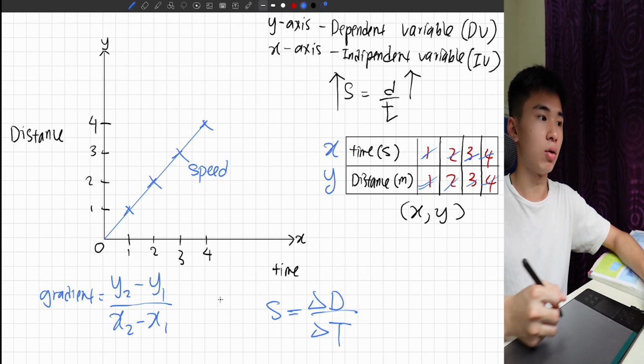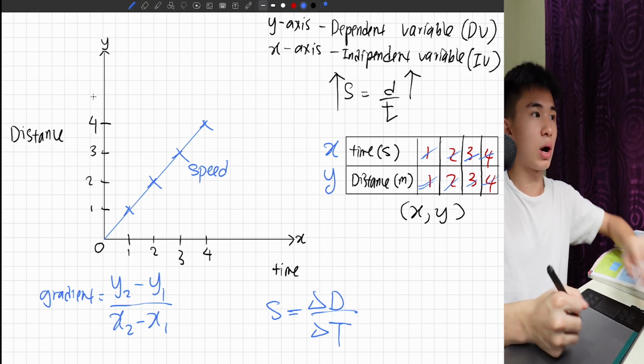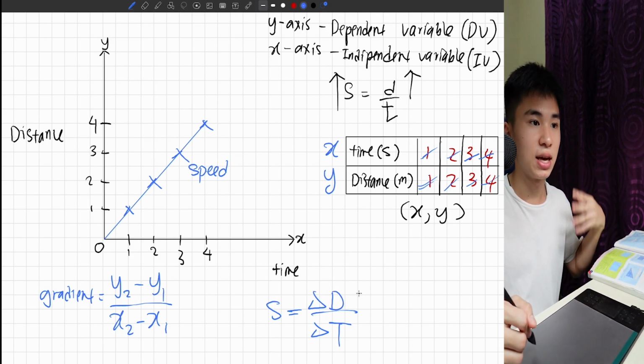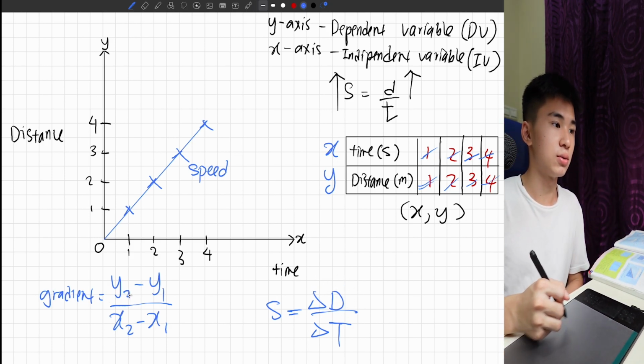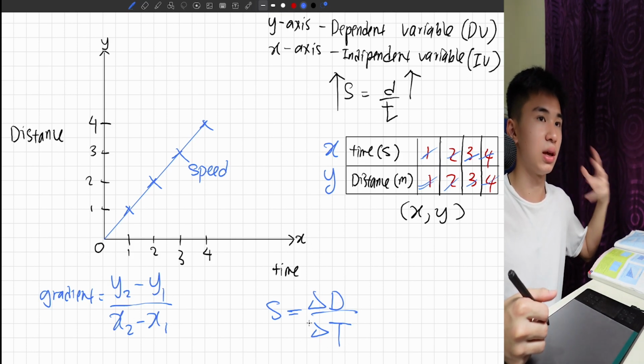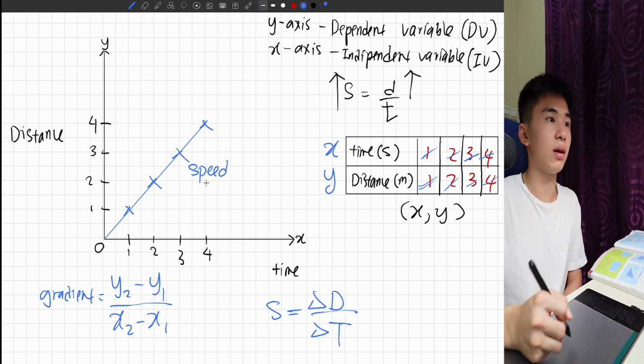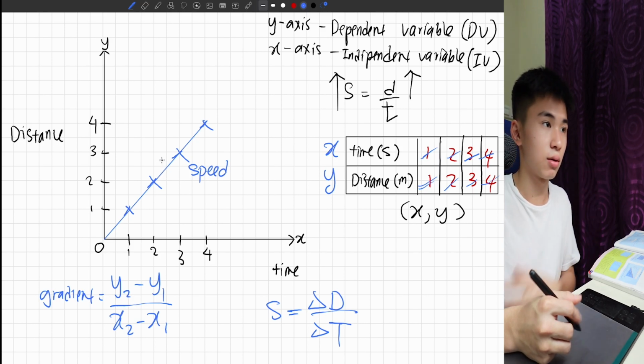So as you can see here, change in y means change in distance, and change in x means change in time. So this gradient, this line, indicates the speed.